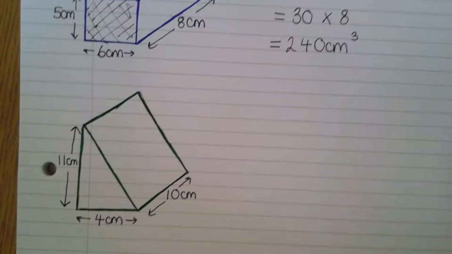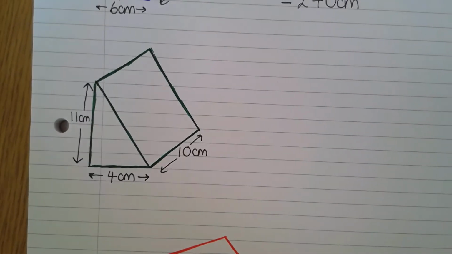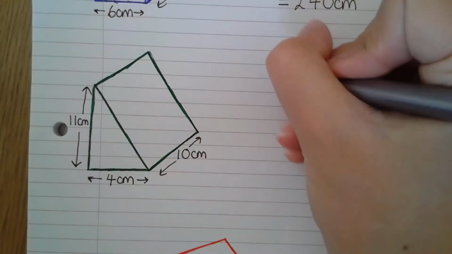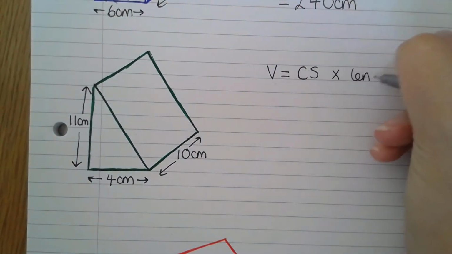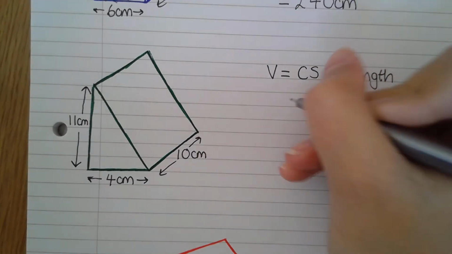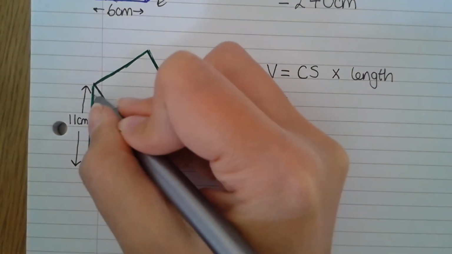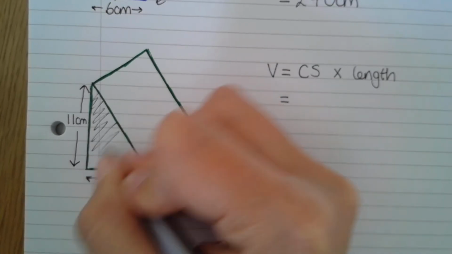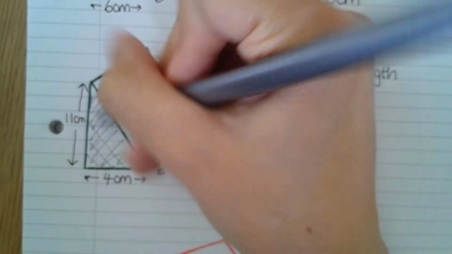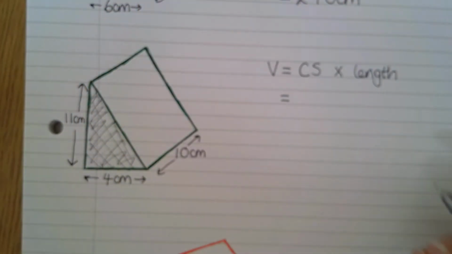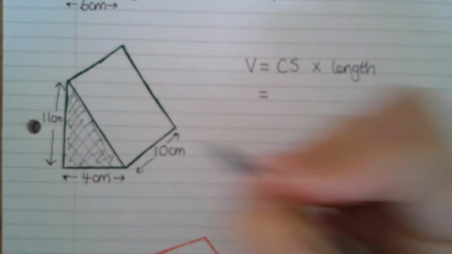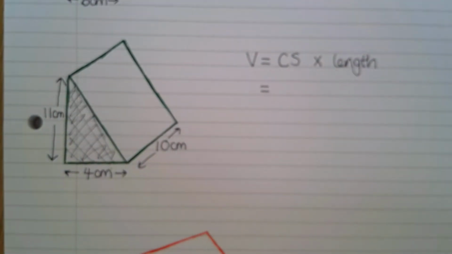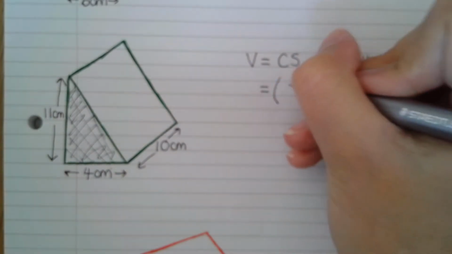The next one, we've got a triangular prism. So we've got V equals cross section times length. My cross section is my triangle, so I need to find the area of that triangle at the front first. When I find the area of a triangle, it's not base times height this time, we need to do half times base times height.